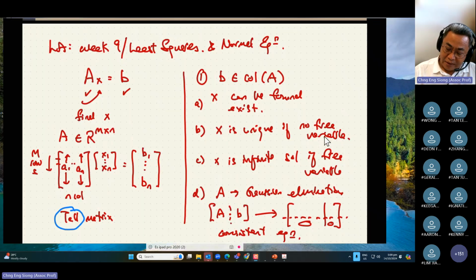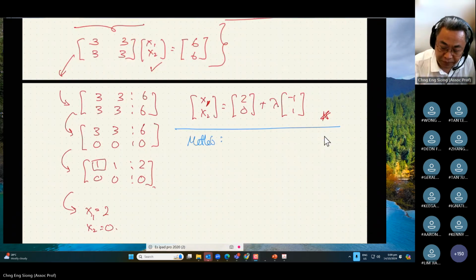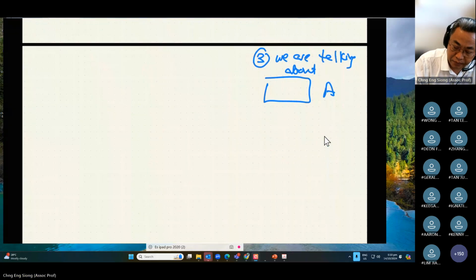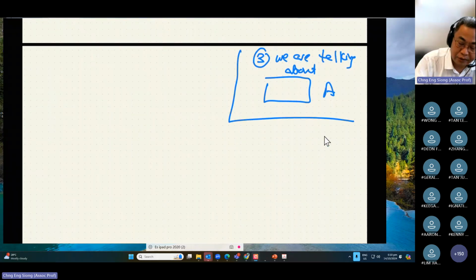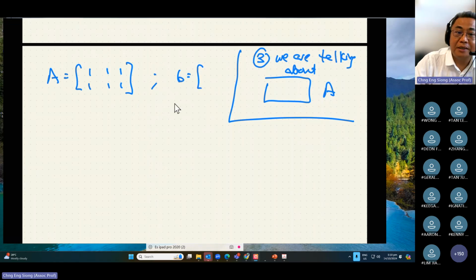Why do you think we're talking about tall A? Let's have a short, fat A. A equals 2 by 3: [1, 1, 1; 1, 1, 1]. B equals? Give me some numbers, guys.